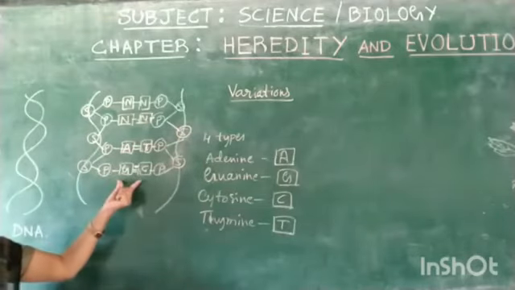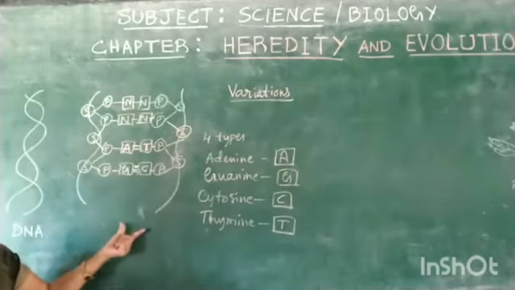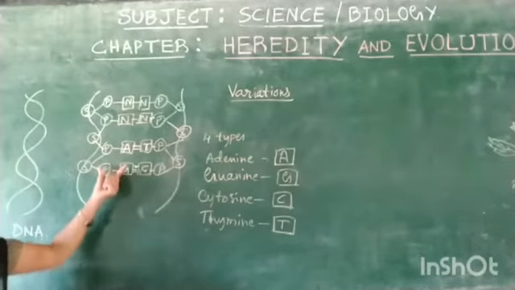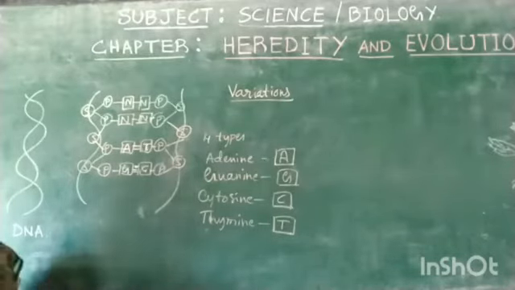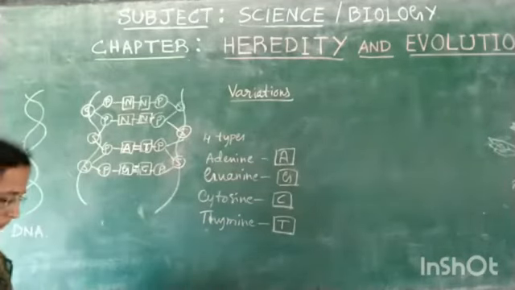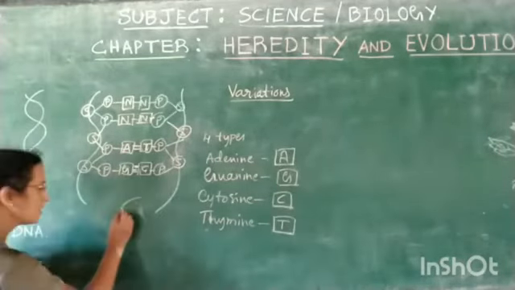These codes will be continuously forming a code, and this forms a strand of DNA which denotes a character in the organism. A strand of DNA is called a gene. See, a part of this DNA called a gene determines a character in a living organism.